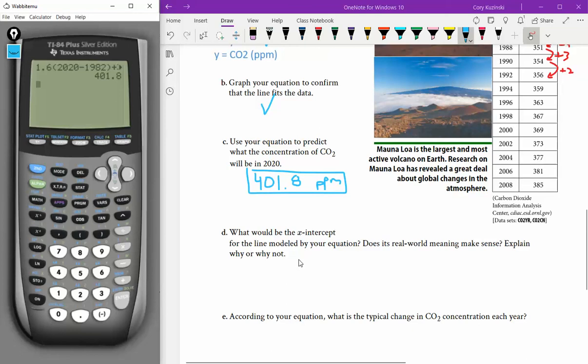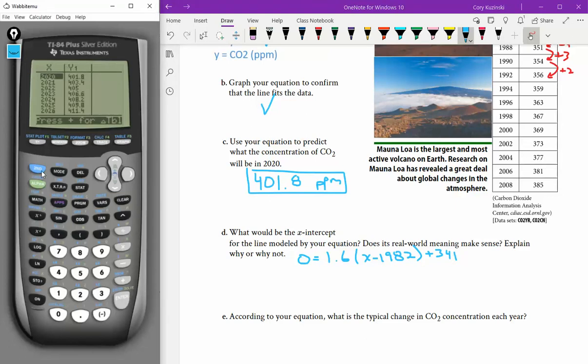So in other words, they're saying if we put 0 into this equation for y and solved it, what would that x-intercept be? Well, the easiest way to do it is probably from the table, but I got to go back to table set, and let's start it at 0. All right, it would be negative 2830.